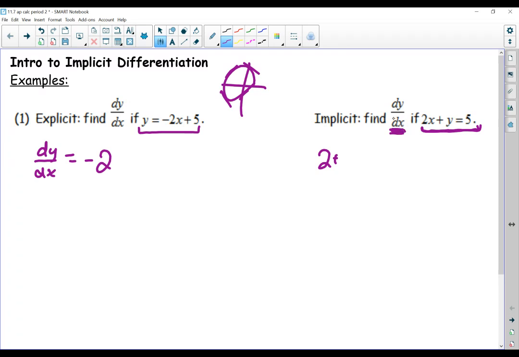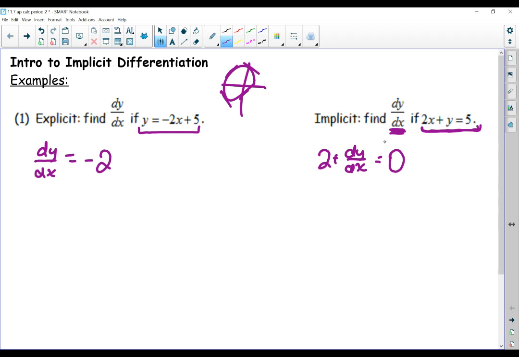This little dx at the bottom tells me that x is the input variable, which means y is an output variable, a dependent variable. It is a function, so its derivative is a function. We call that function dy dx, or y prime. So the derivative of y would be a function I call dy dx, and the derivative of 5 would be 0.